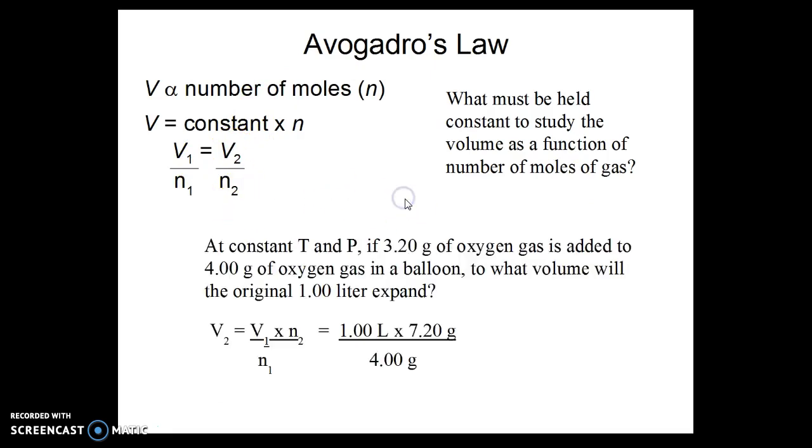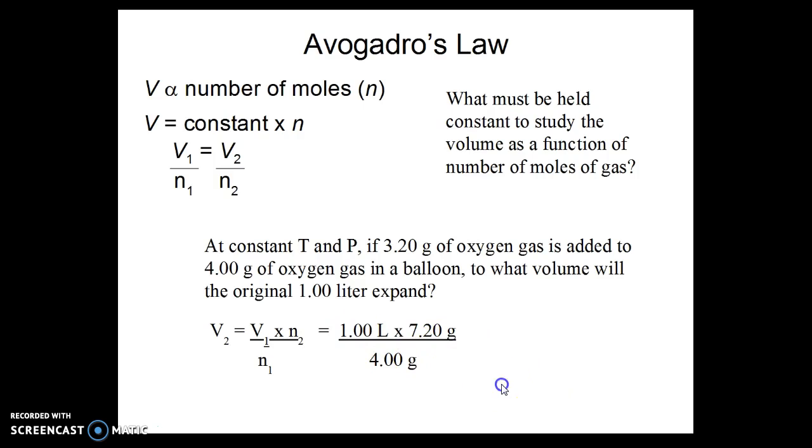So our question, at constant temperature and pressure, if 3.2 grams of oxygen is added to 4 grams of oxygen gas in a balloon, to what volume will the original 1 liter expand? We now solve for V2, which is going to be V1 over N1 times N2. We plug in our numbers and units.